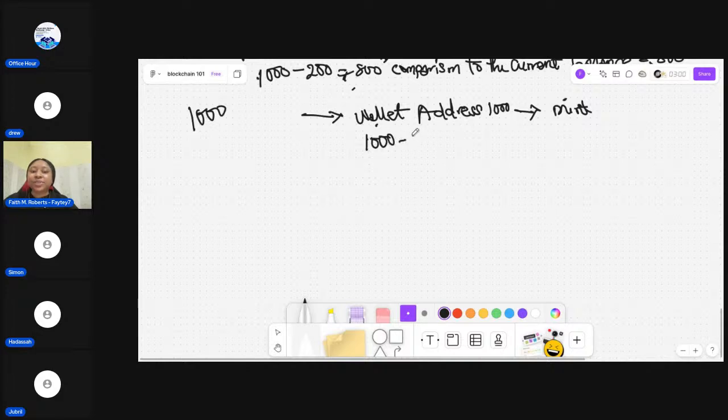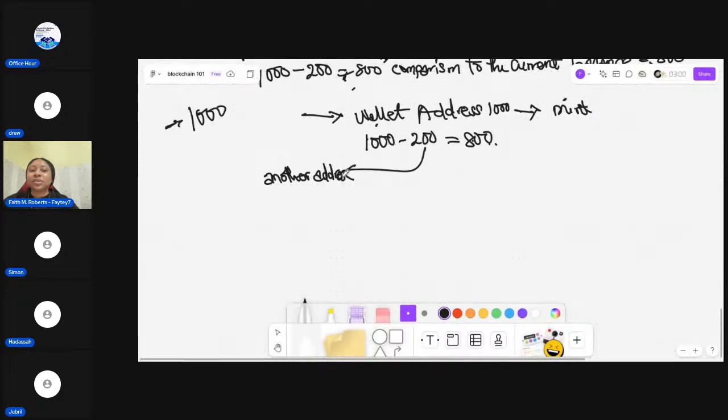So you say 1,000 minus 200 is now 800. So this wallet address only has 800. But total supply is still 1,000. It did not reduce because you did not burn this 200. All you did was send this 200 to another address. So total supply will still add these tokens plus the tokens that are still here to give you 1,000.